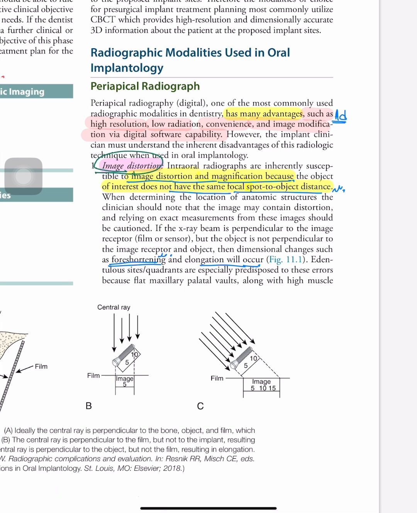Periapical radiographs have the issue of image magnification or shortening. You must have read in your final year that at certain angulation there is magnification, or if there is a certain deviation, there would be shortening of the image.